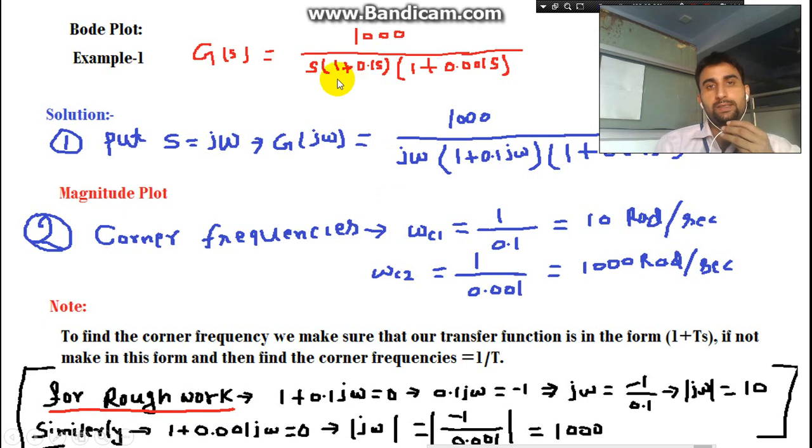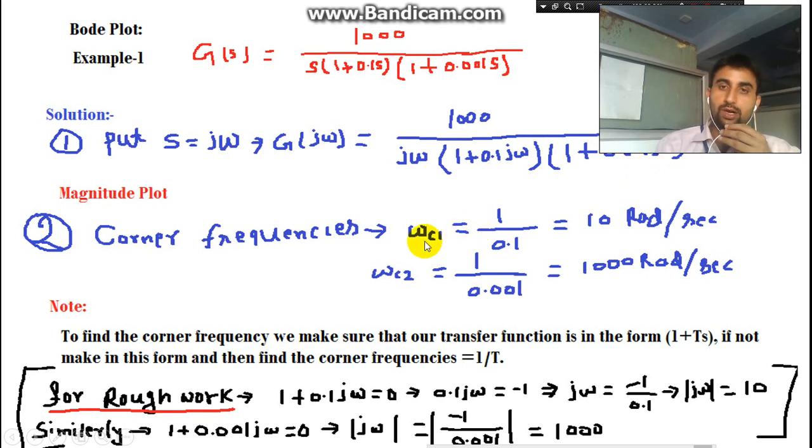For example, here there are s terms, and the corner frequency will change always when the term has the form 1 plus ts, or you can say s plus t or t plus s, where t is nothing but the time constant we are talking about. So in this case we have only two corner frequencies because there are only two terms in the form of 1 plus ts.